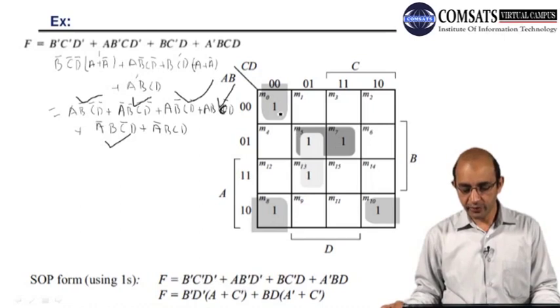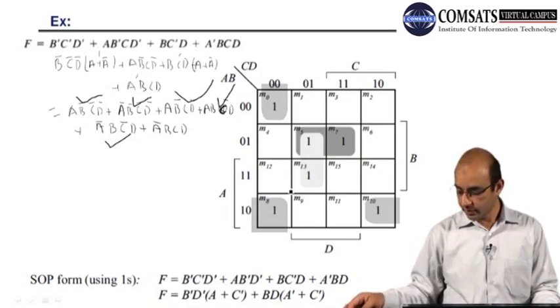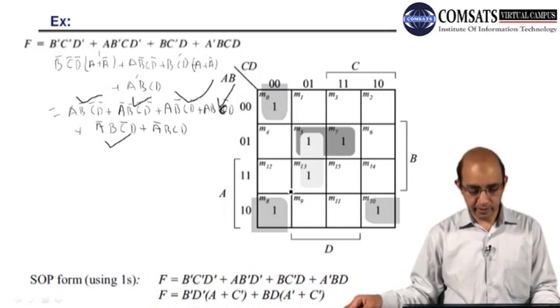We have this pair after banding, and this is the pair without banding, then we have this pair in the second column, so we will have a simplified form. So this is the sum of the products.